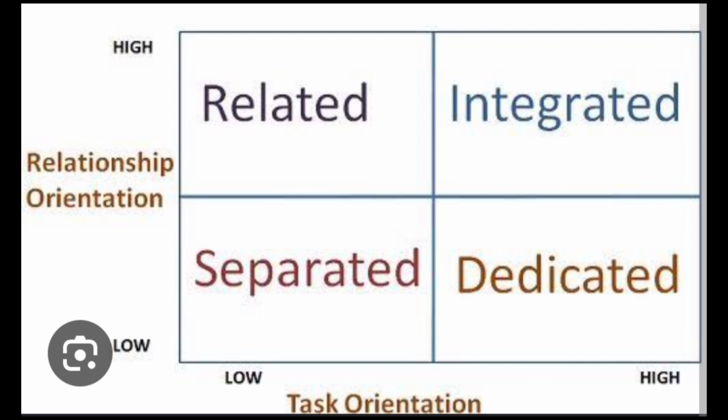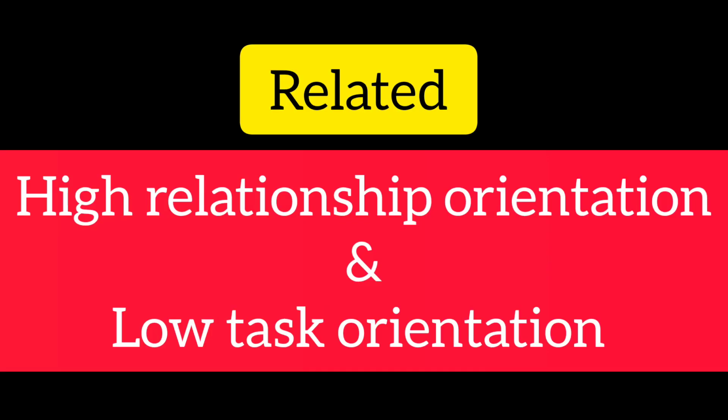So now going to the first managerial style of the basic effective style model, that is related. The related model is characterized by high relationship orientation and low task orientation. In this managerial style, the leader sees the organization as a social system, because he or she has high relationship orientation power.